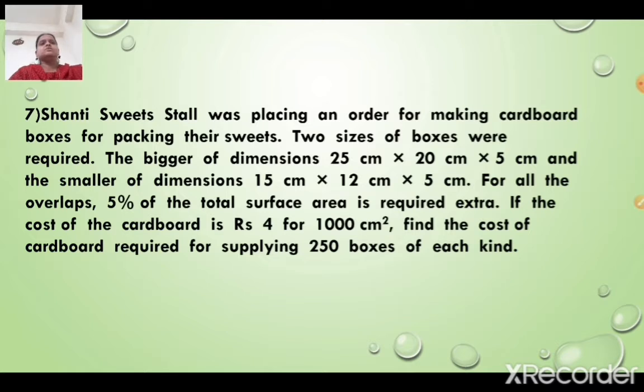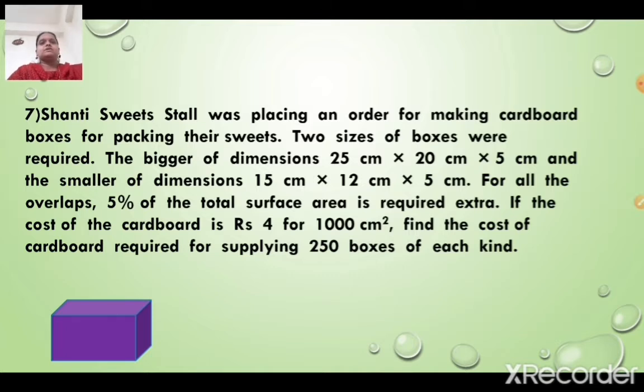As I told you, this is quite a lengthy sum. Therefore, first understand the sum. Here you can see there are two types of boxes. If we want to make a box, we require the total surface area. First we will see the smaller box. We will first find the total surface area.